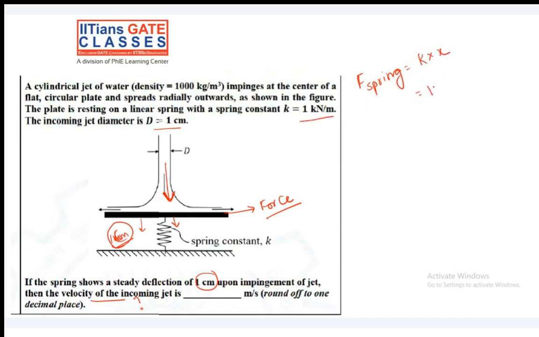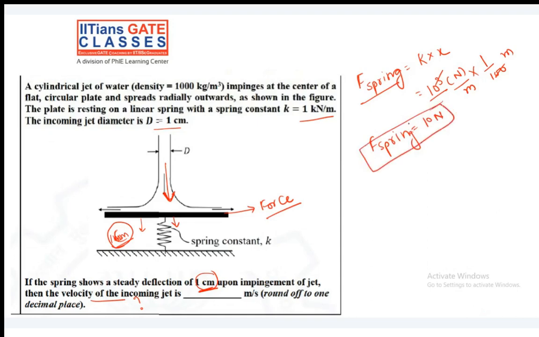This is 10 to the power 3 newton per meter, and x, the displacement, is given as 1 centimeter, so this is 1 upon 100 meter. So this and this get cancelled, and the force in the spring is 10 newton. So your force in the spring is known now.